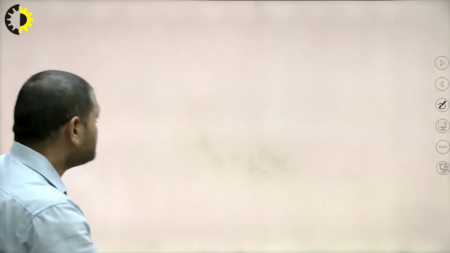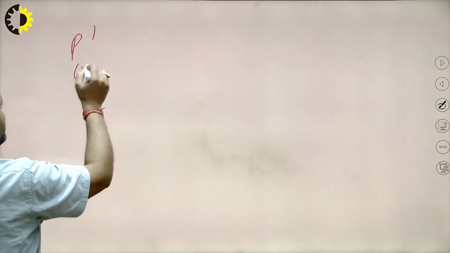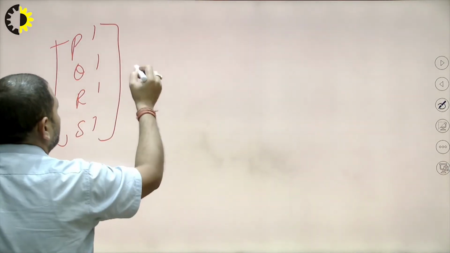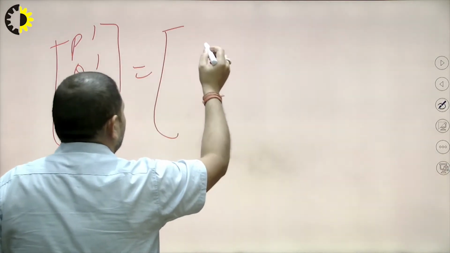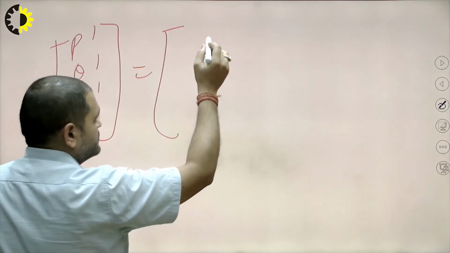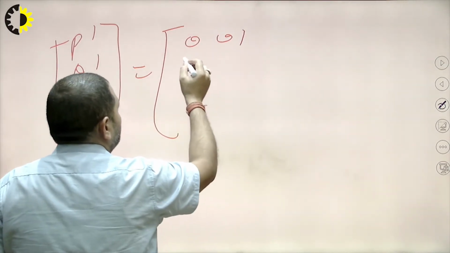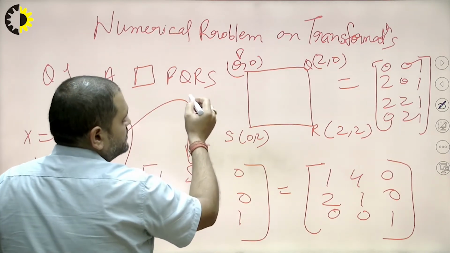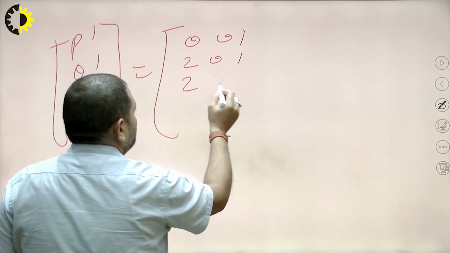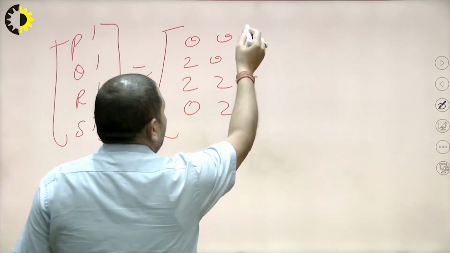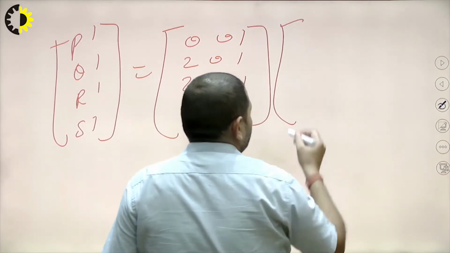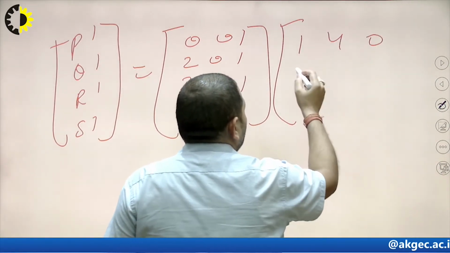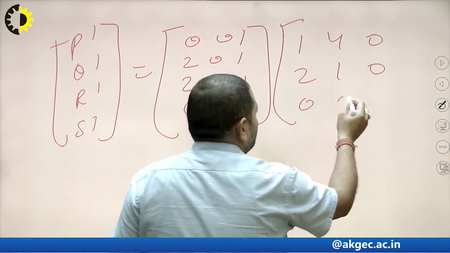The new coordinates, P dash, Q dash, R dash, S dash, can be found by multiplying the old coordinates 0 0 1, 2 0 1, 2 2 1 and 0 2 1 with the shearing matrix 1 4 0, 2 1 0, 0 0 1.